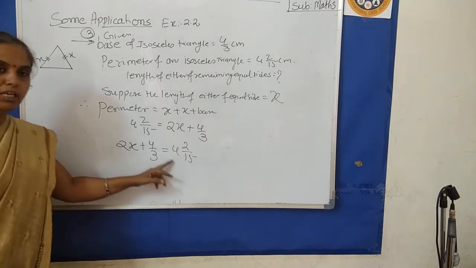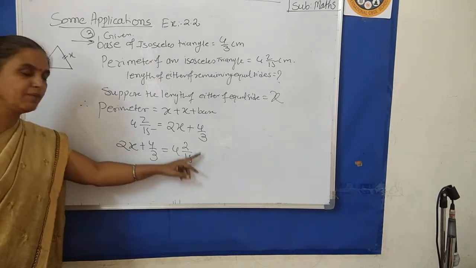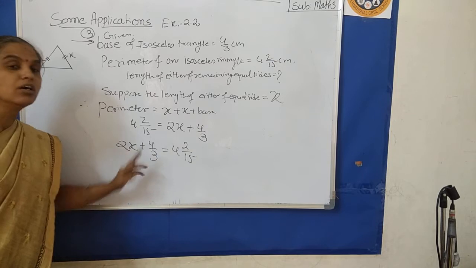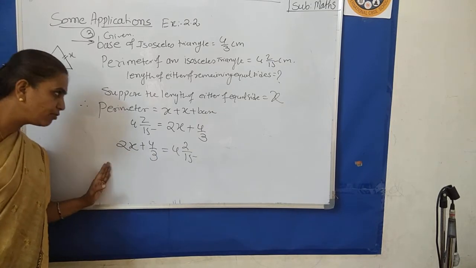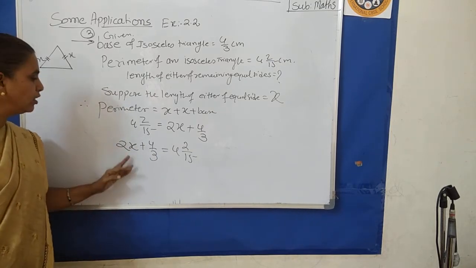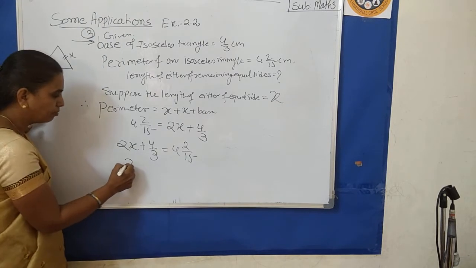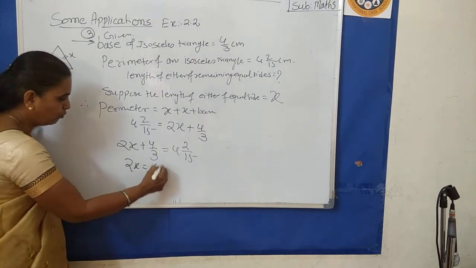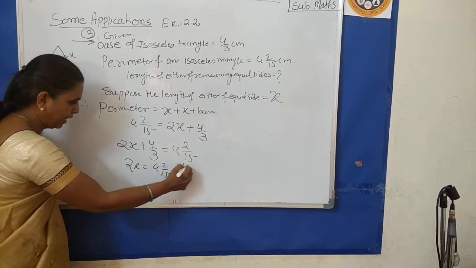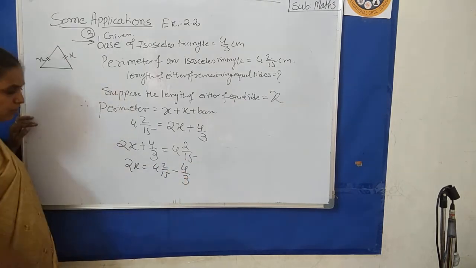Now, how to solve the equation? We transpose the given numbers to the right side and take the variables to the left side. Use the same method to solve the equation. How do we write it now? 2x is equal to 4 2/15 minus 4/3.